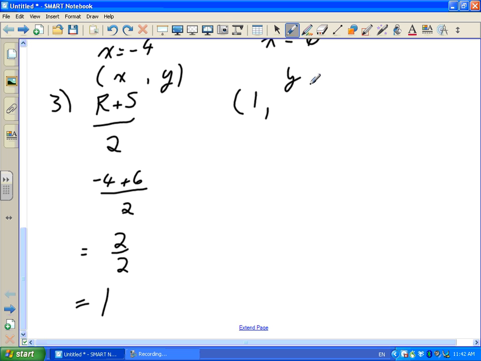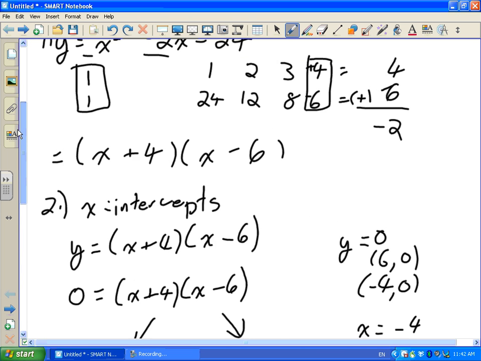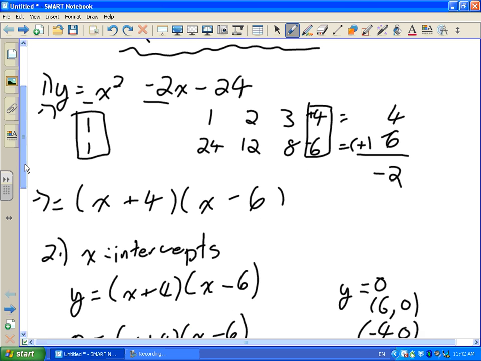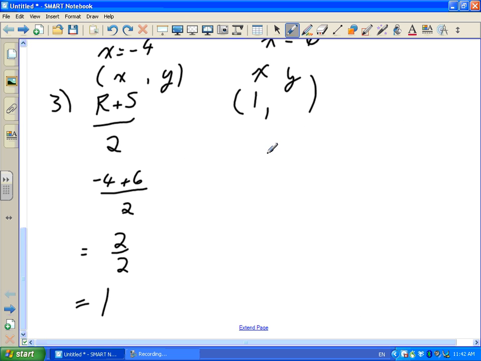I just have to find the Y value now. I take that 1 and I can plug it into either the factored form or the standard form. They're both going to give me the exact same answer. In fact, I can probably quickly do both for you. Is it X minus 4? Yeah. X plus 4. Plus 4.